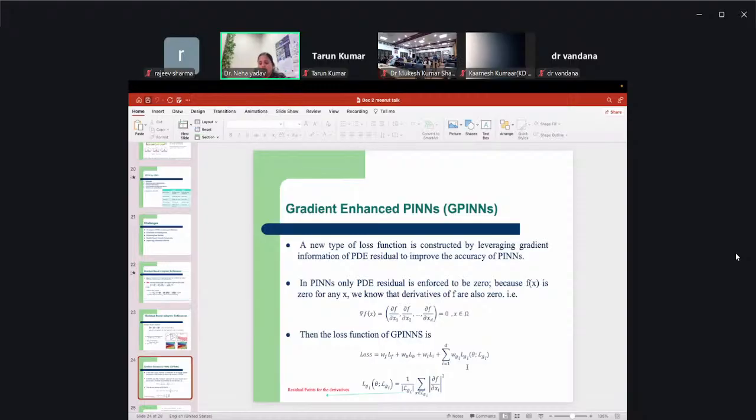But if we give different weights to different types of residuals, it can be optimized and we can find out which residual has the higher effect. And this L_Gi is represented this way, where L_Gi is the residual points for the derivatives, and the remaining L_f, L_b, L_i have the same meaning as in the standard PINN.